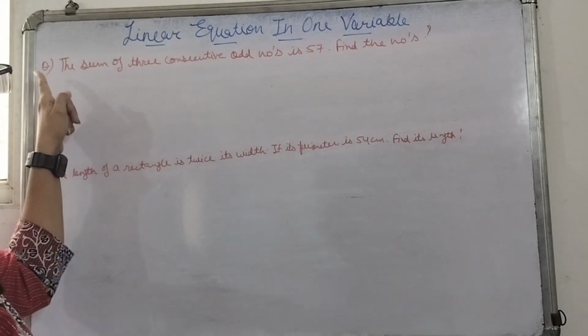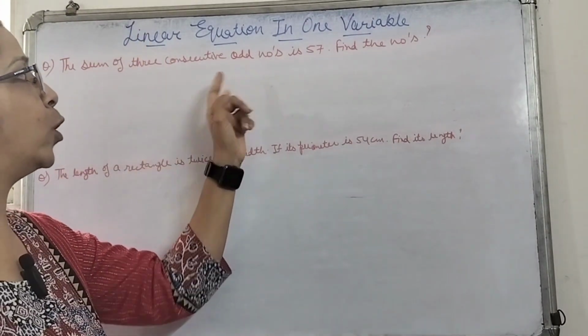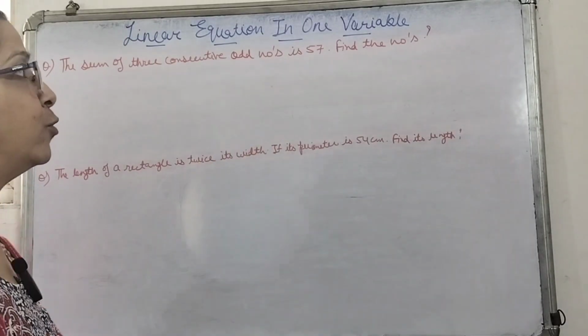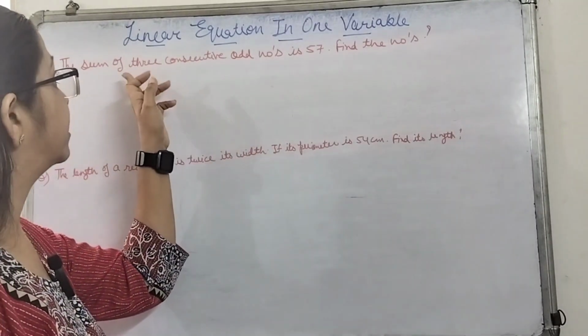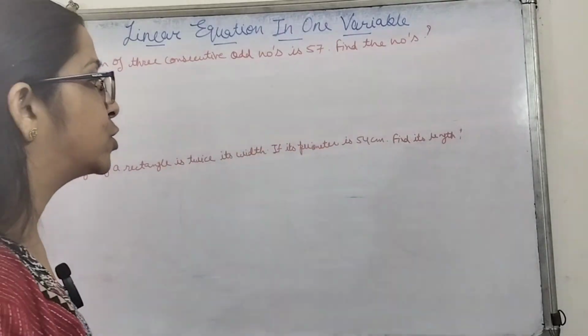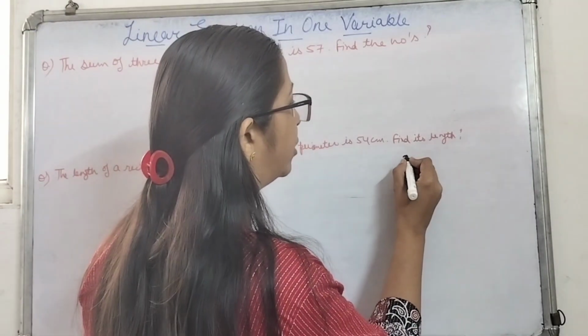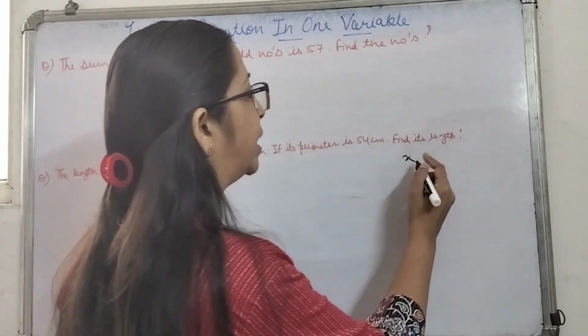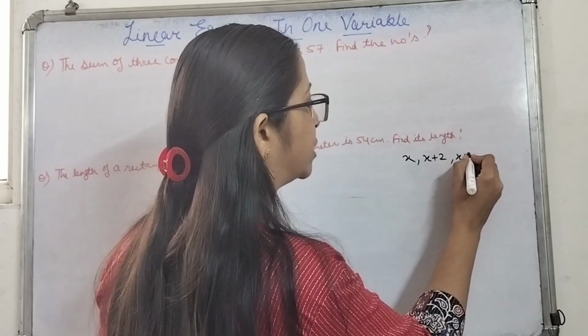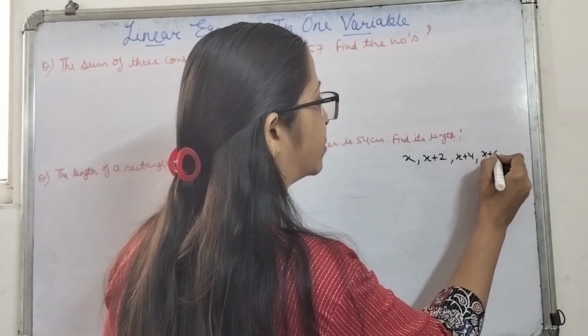The question is: the sum of 3 consecutive odd numbers is 57. Find the numbers. Whenever consecutive odd numbers or consecutive even numbers are given to us, if the first number is x, the next number will be x plus 2, the next will be x plus 4, the next x plus 6, and so on.